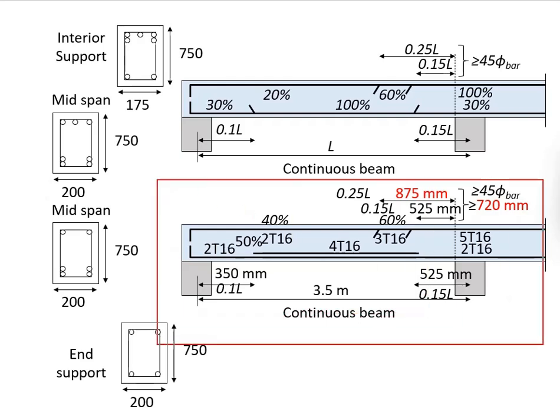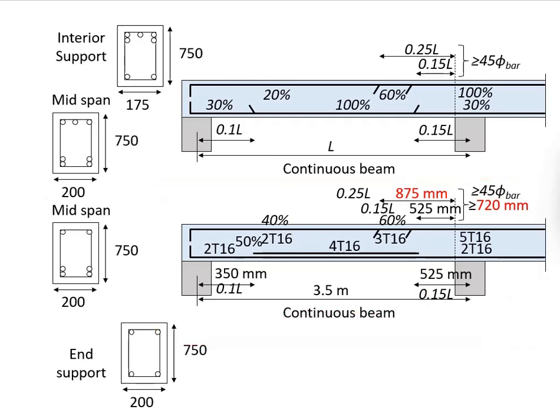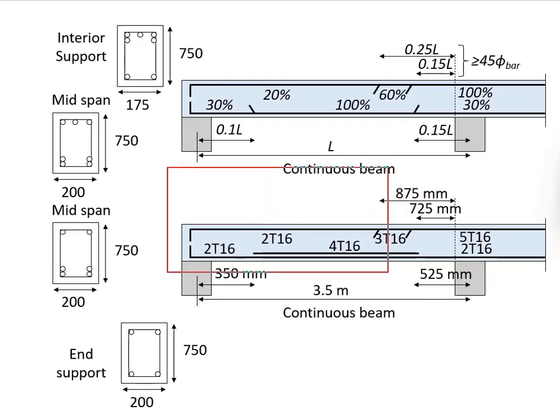Once you have done all this, to finalize the detailing of the reinforcement, it should look something like this. If you cut the section here, you will have 5T16 on the top and 2T16 at the bottom. If you cut the section here, you have 3T16 at the top and 4T16 at the bottom.